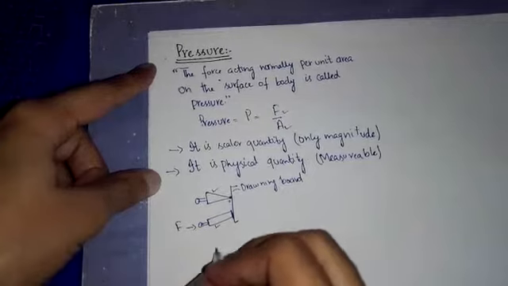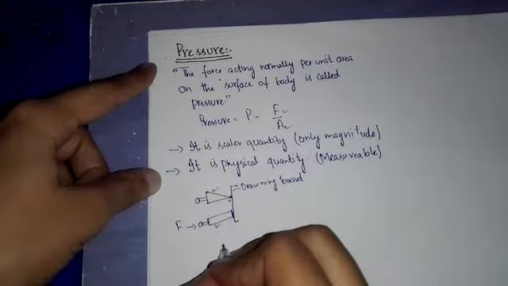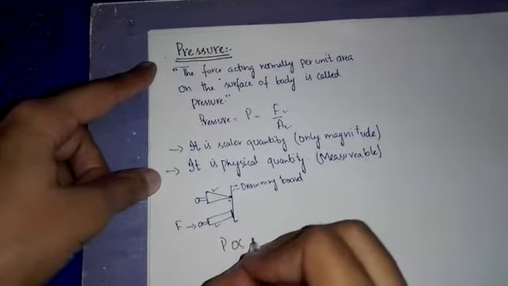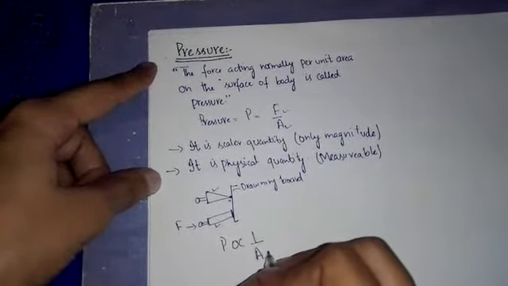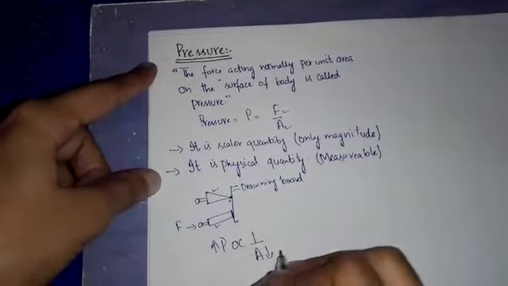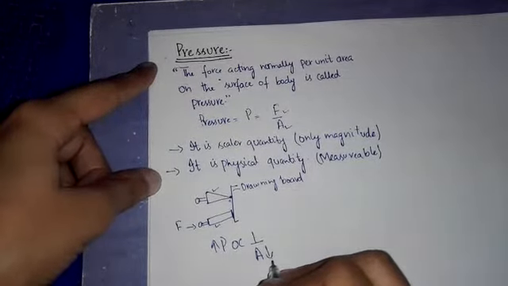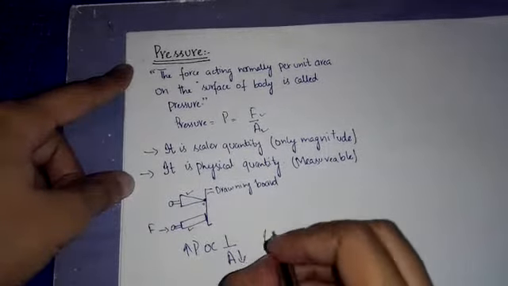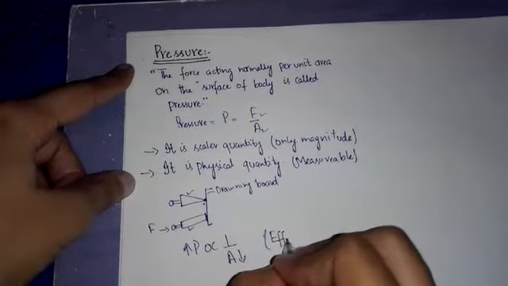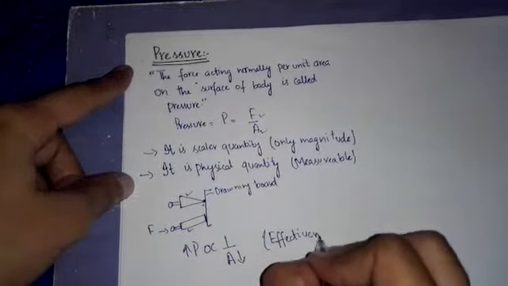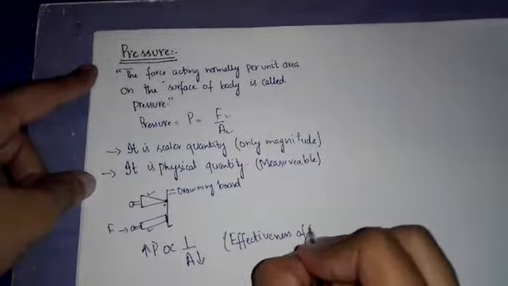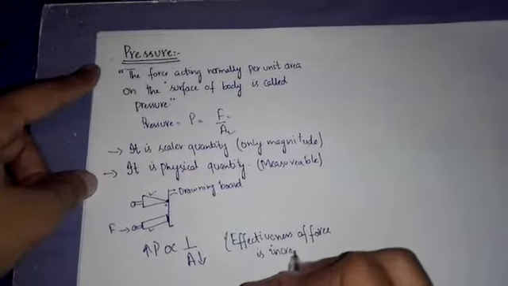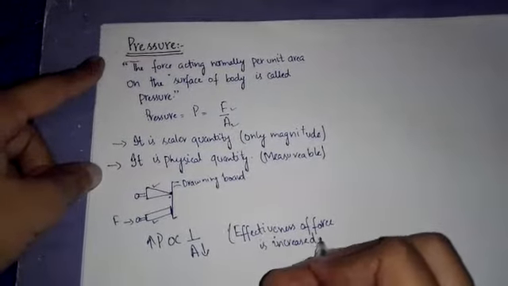which means that pressure will be inversely proportional to the area. If the area is small or decreased, then the pressure will be increased, or we can say that the effectiveness of force is increased due to smaller area.